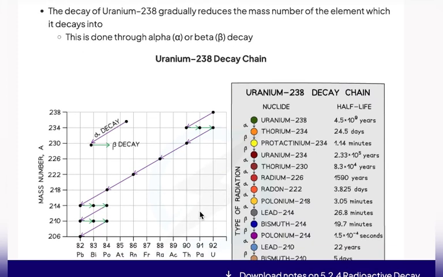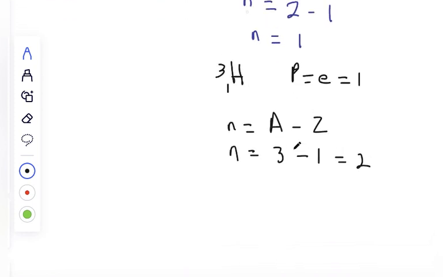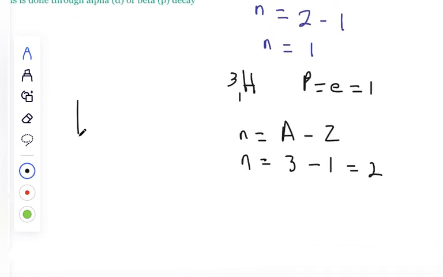For example, one of the radioactive elements is uranium. Uranium exists in isotopic nature. We have uranium-235 and uranium-238.